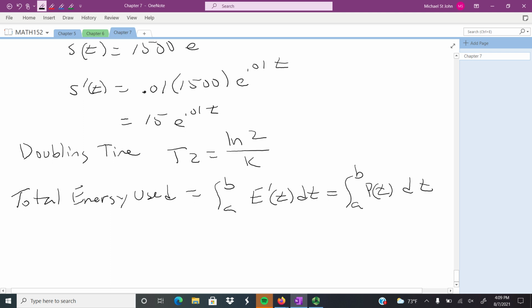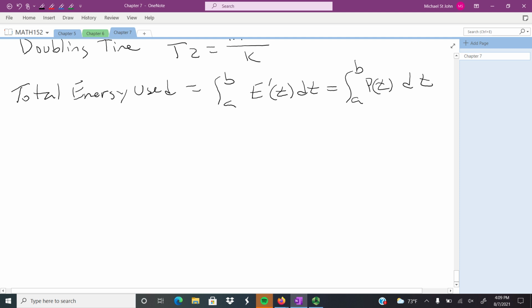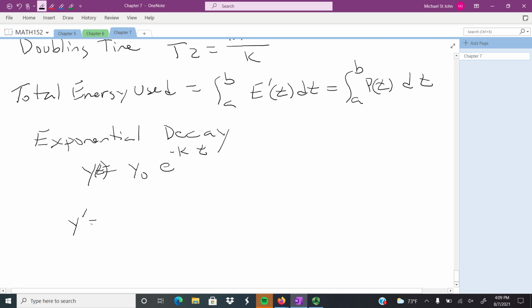And then they also talk about exponential decay. The formula is basically the same, except for now the k is negative. And so my derivative is now going to be minus k y naught e to the minus kt.